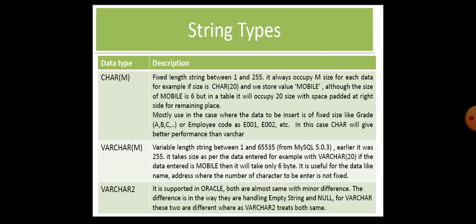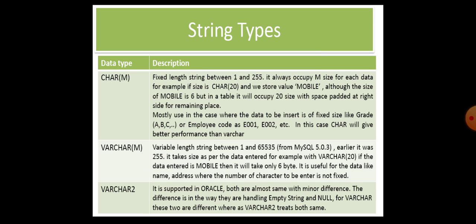Char means it is a fixed length string between 1 to 255 characters. It always occupies the full size for each data. For example, if the size is char of 20 and we are trying to store the value mobile, how many characters are in mobile?